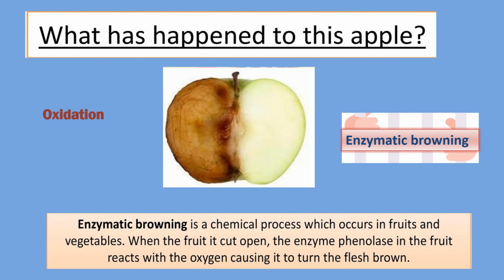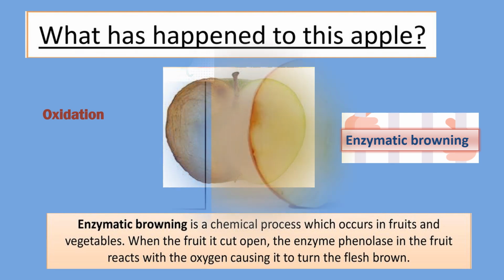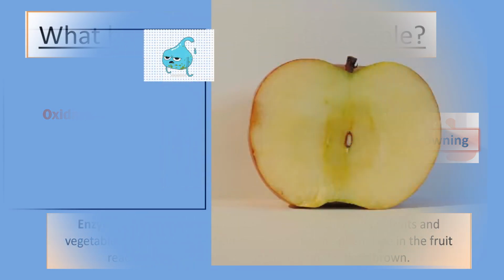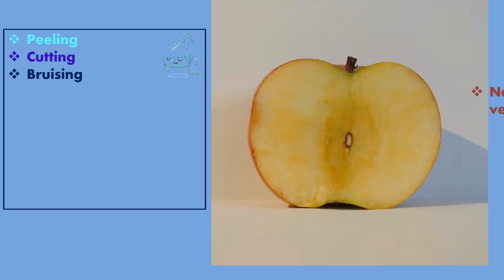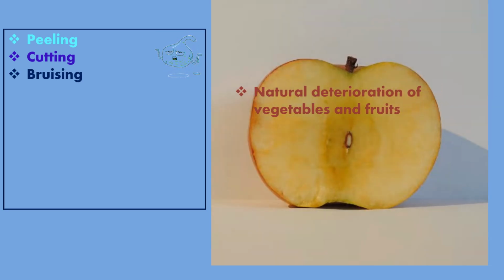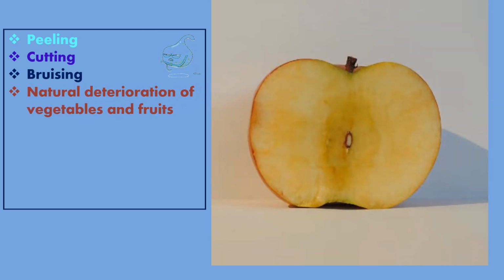When does this happen actually? Whenever the fruit is either peeled or cut, or in other words, bruised, so that the intact tissue is opened up and exposed.